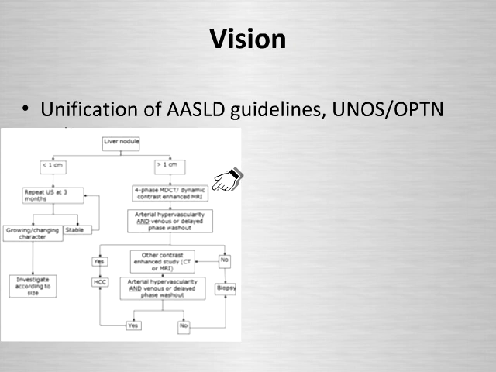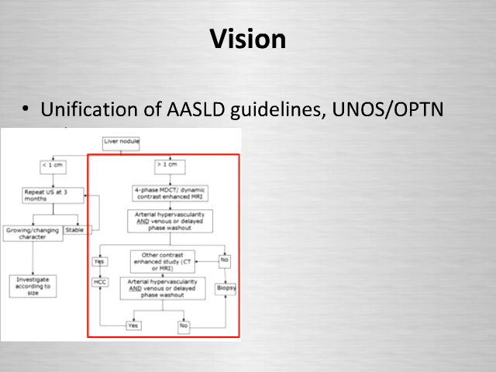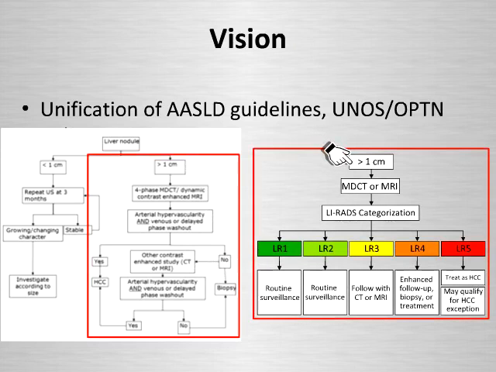So rather than having a management guideline in which the management and the interpretation of a lesion is established by a non-radiology organization such as the ASLD, why not have a management guideline in which a lesion is seen, the lesion undergoes multi-detector CT or MRI, that lesion is then given a LIRADS categorization, and then depending on the LIRADS categorization, a management outline is interpreted.